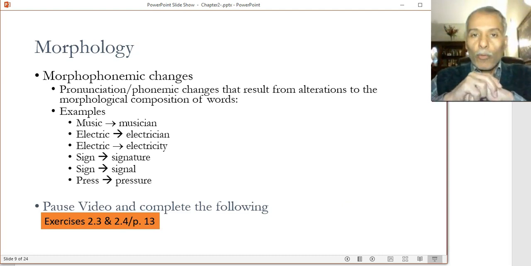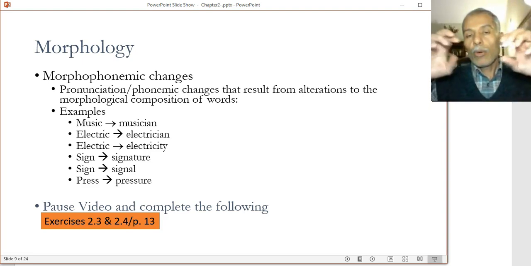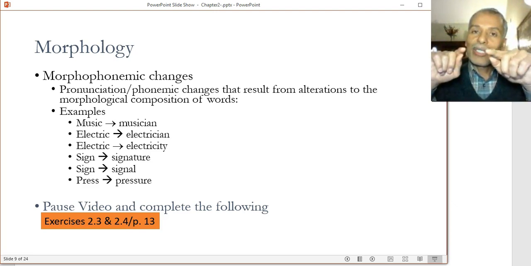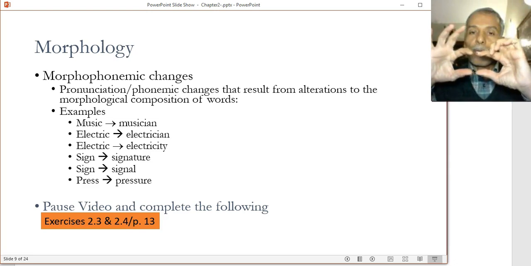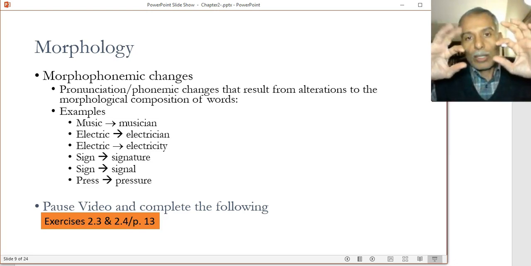How is morphology related to phonetics? When you take prefixes and suffixes and combine them and add them to words, you are going to make some changes because the word has a phonological context.